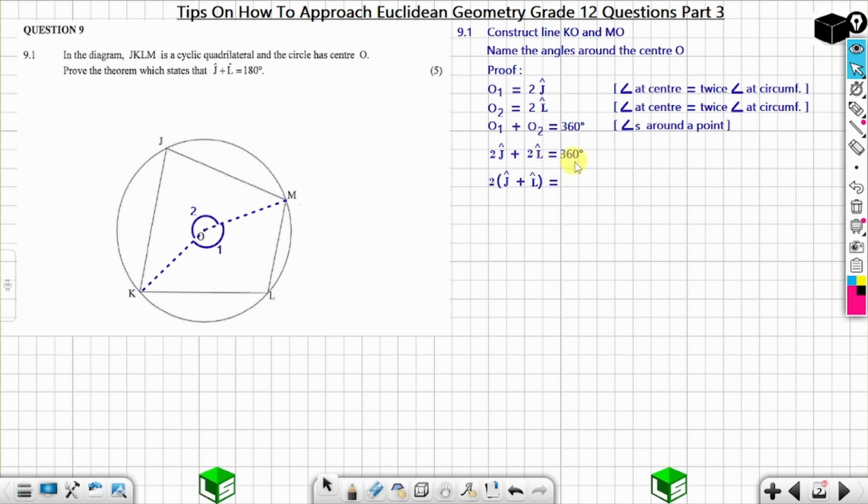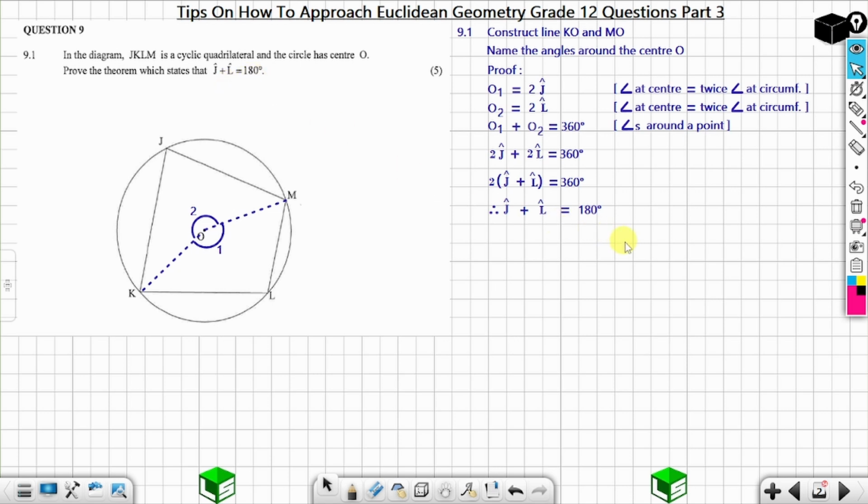This is equal to 360 degrees. Now you are going to divide by 2 throughout. So you have angle J plus angle L is equal to 360 divided by 2, which is 180 degrees. Okay, so we have proved.